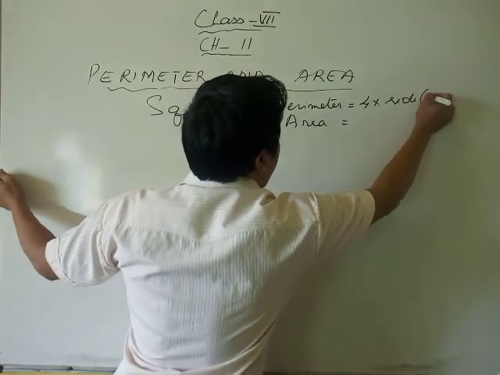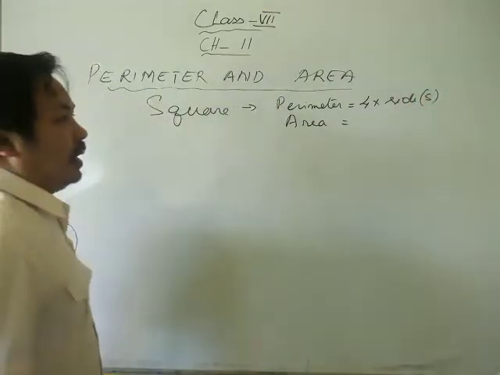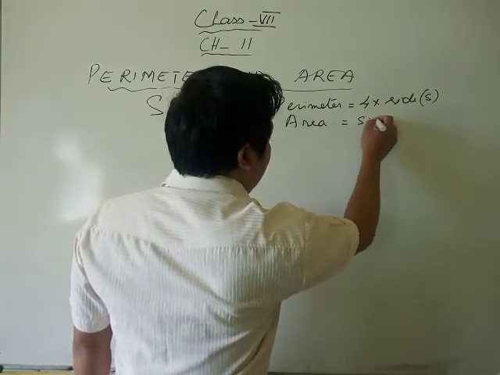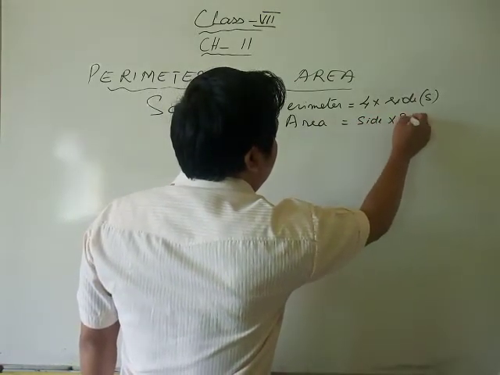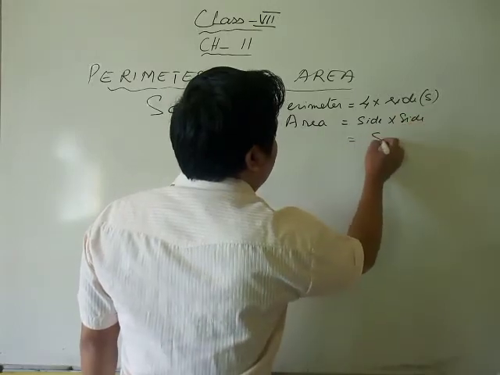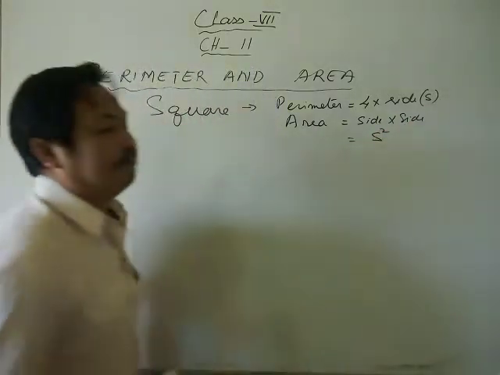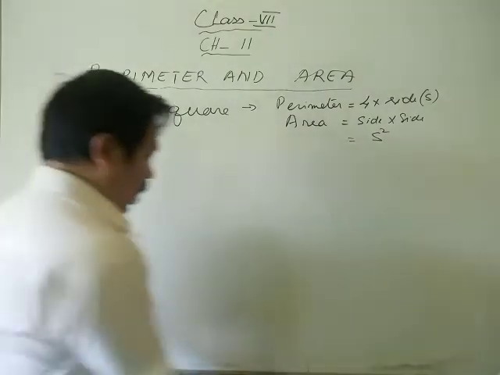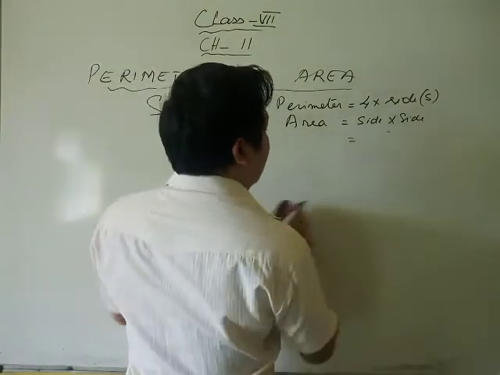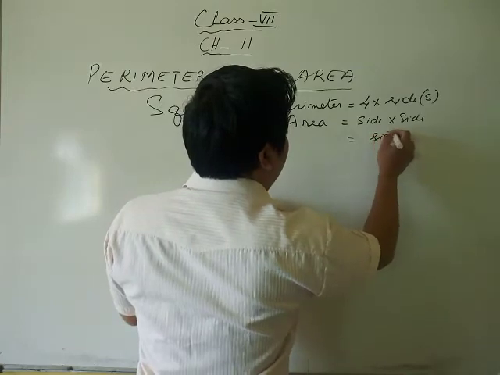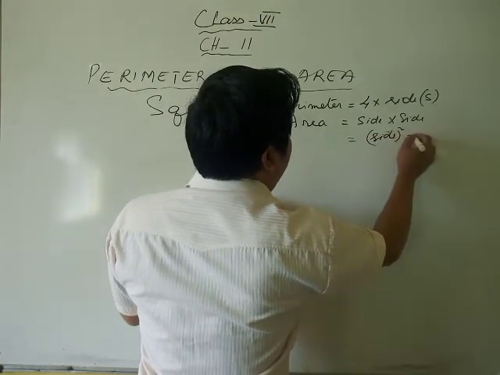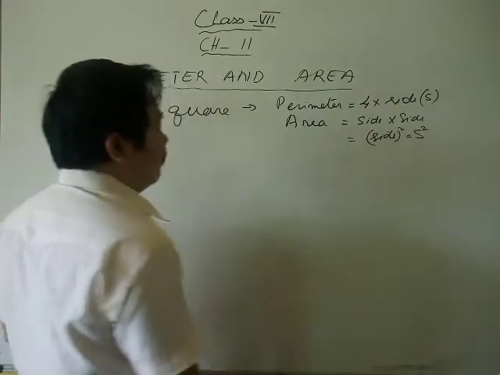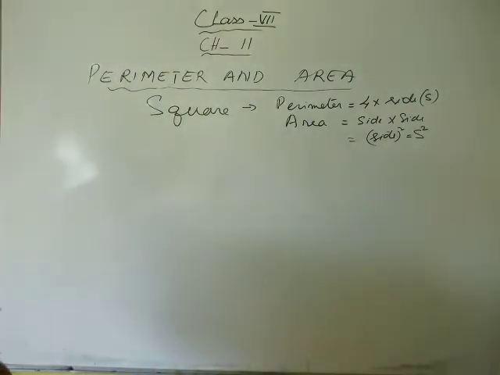Side will be replaced by s, so 4s. Then area is side into side, that is side square, s square. S square means side square. So this is the formula to find out the perimeter and area of a square.